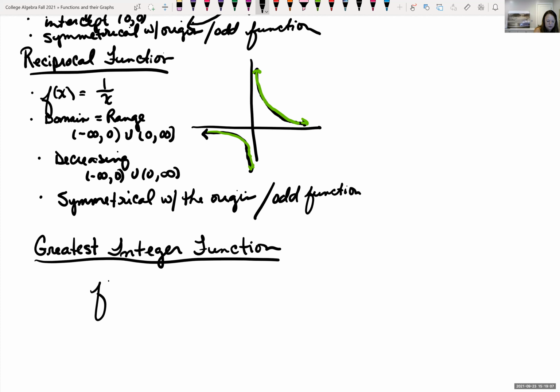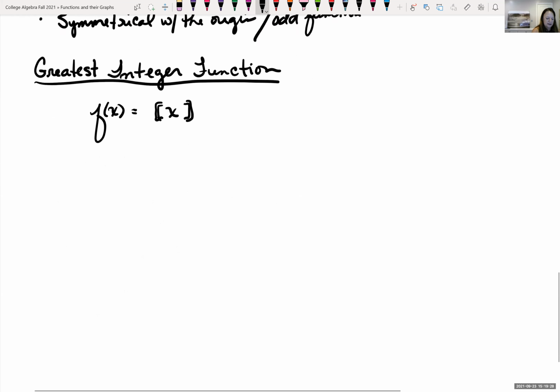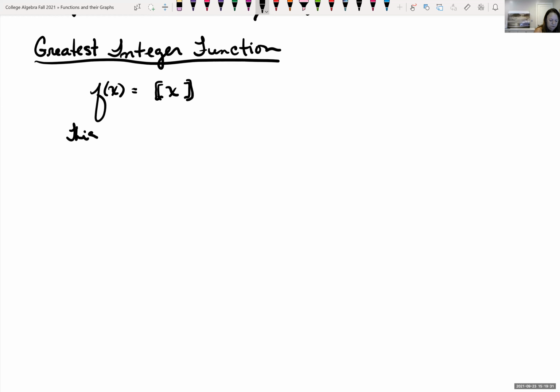So f of x equals, it's kind of like a double bracket on each side. So this is equal to how we define this. This is equal to the greatest integer less than or equal to x.